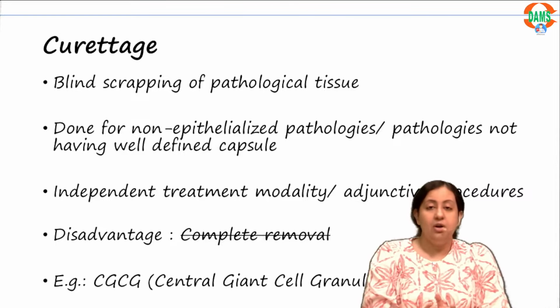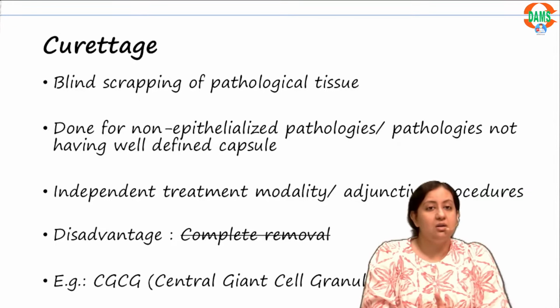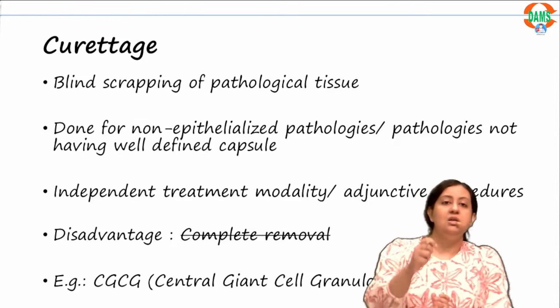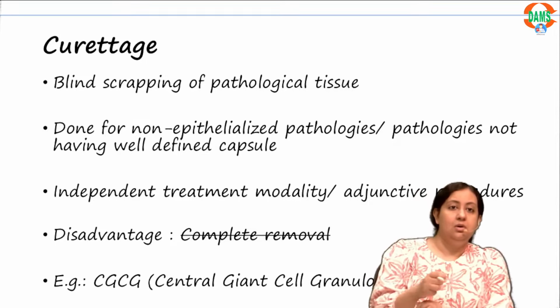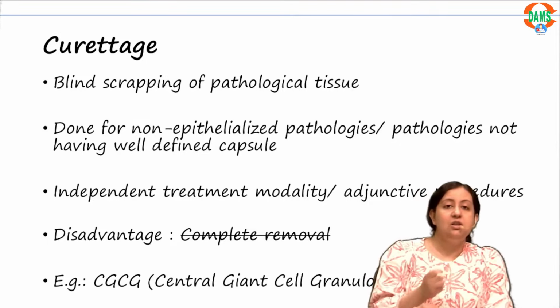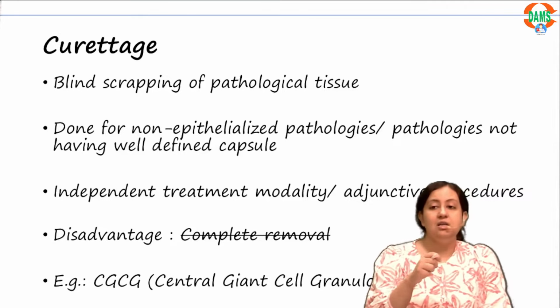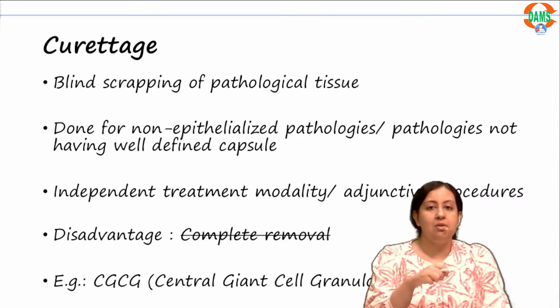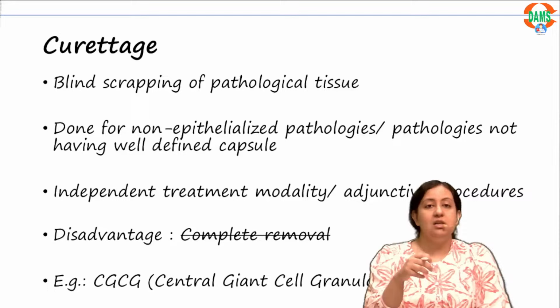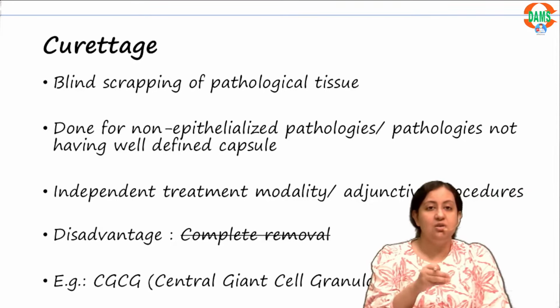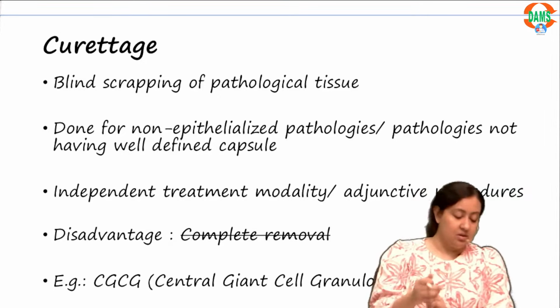That was about recontouring. Now the second modality that we have is curettage. What do you do in curettage? You take a simple curette and you just scrape the pathological tissue. That is blind scraping of any pathological tissue. It is done mechanically with the help of a curette. It is just blind scraping of your lesion or your pathological tissues.